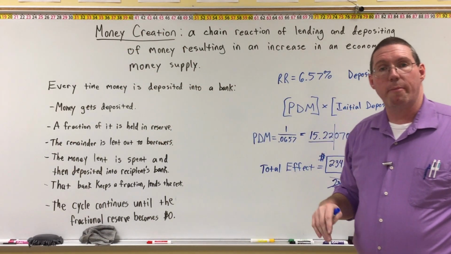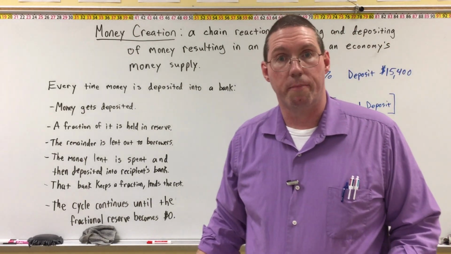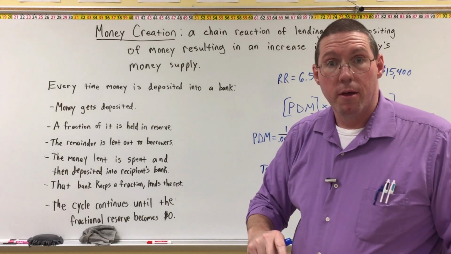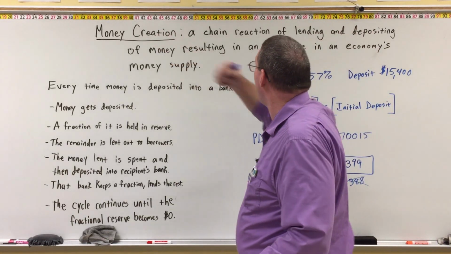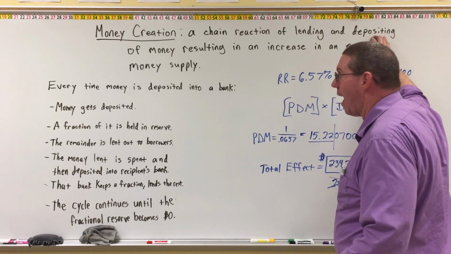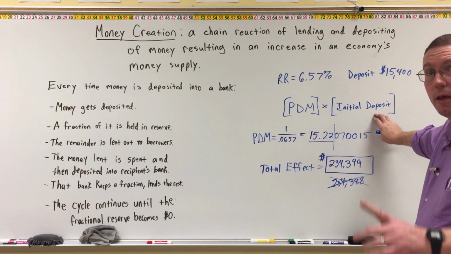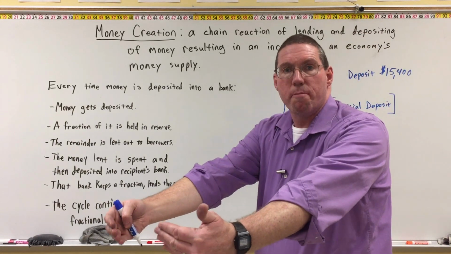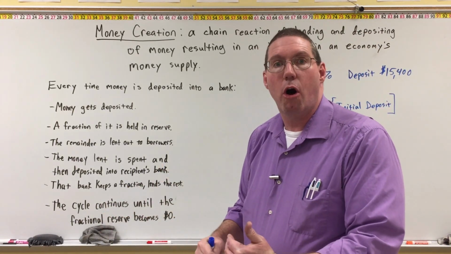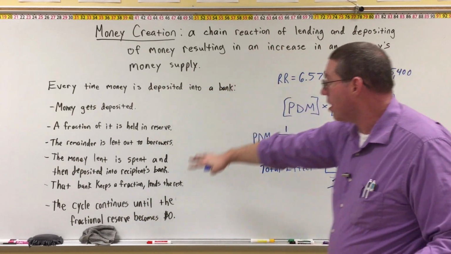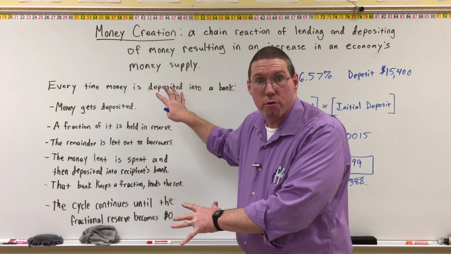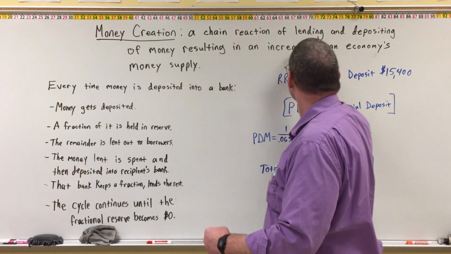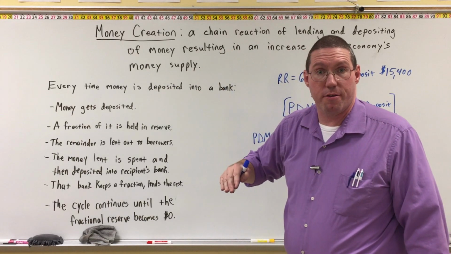Now the last thing I want to talk about is called money destruction, which is basically money creation backwards. See, money creation happens when people have an initial deposit into a bank. But what happens when somebody withdraws money out of the bank? Well, that's going to cause this whole money creation process to work backwards, and the money supply, instead of increasing, it's going to decrease.